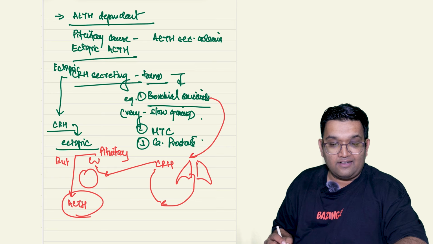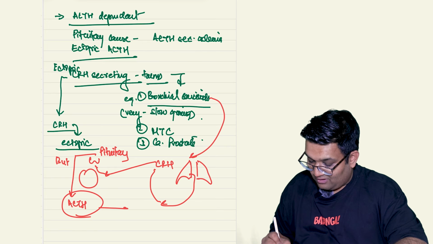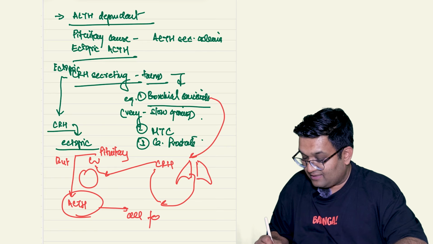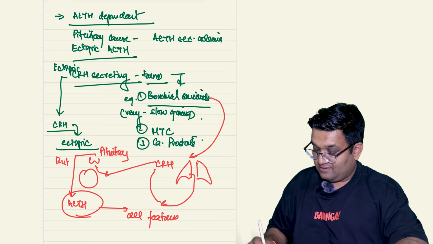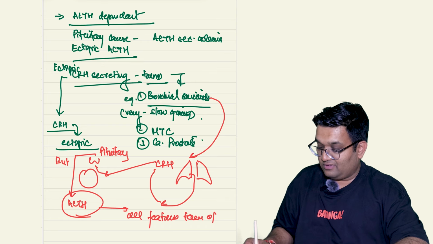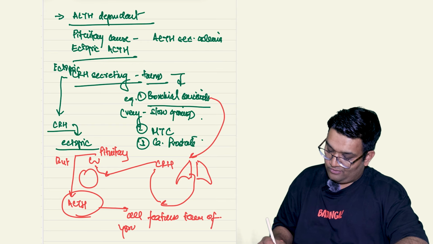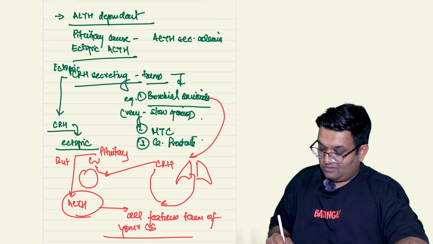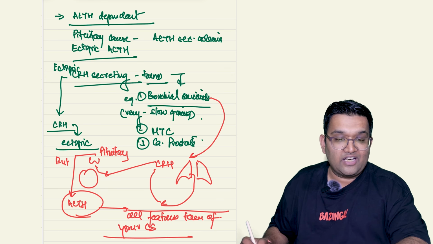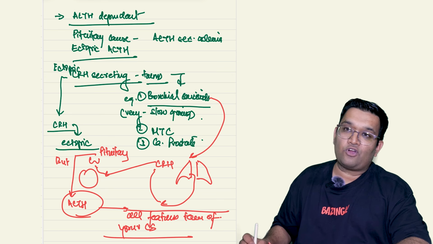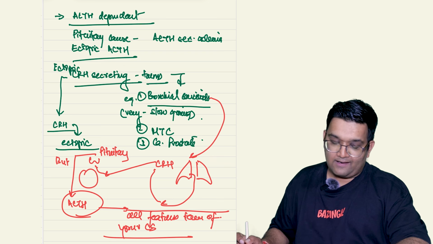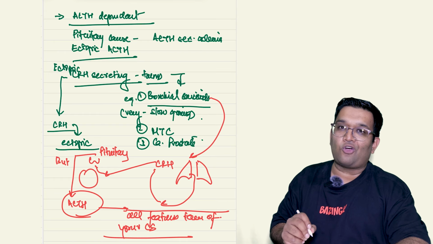Alright, and this will have all the features then of your Cushing syndrome. So we need to remember this, that ACTH is from the pituitary only, and this is ACTH dependent cause.